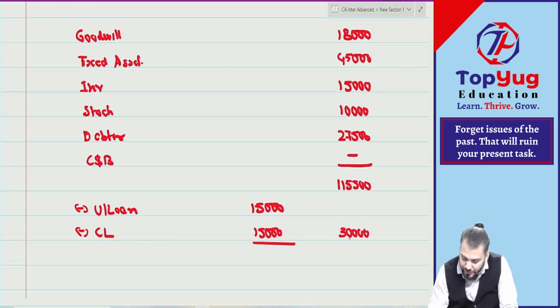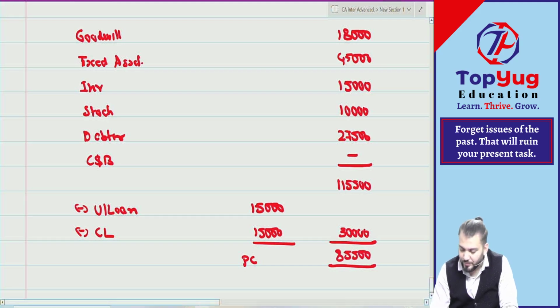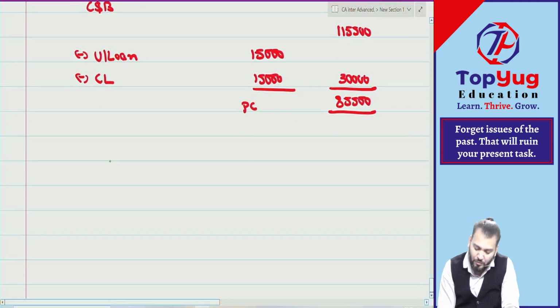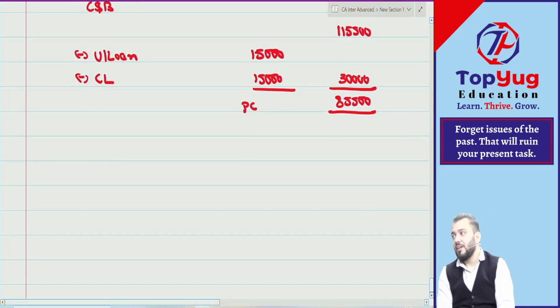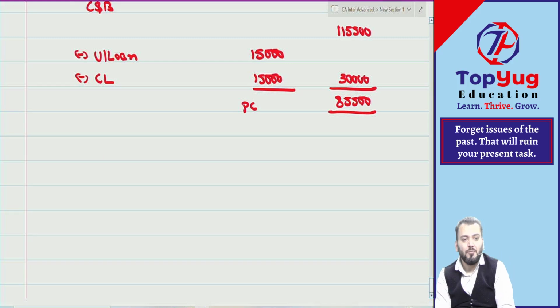So what is PC? 85,500. Now out of this, some amount will be paid in cash and some amount will be discharged in the form of equity shares.